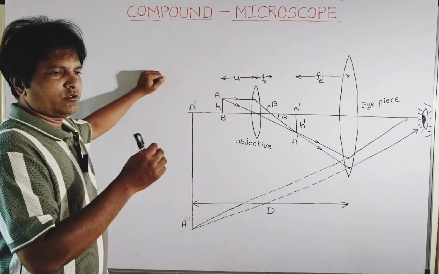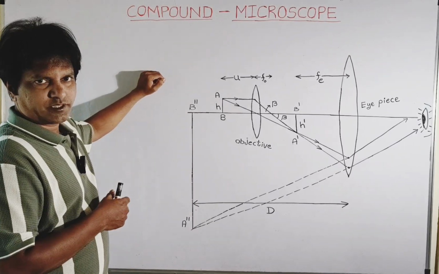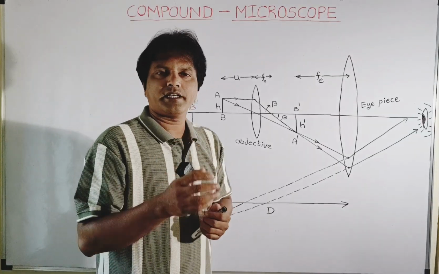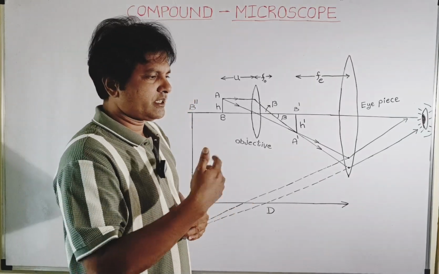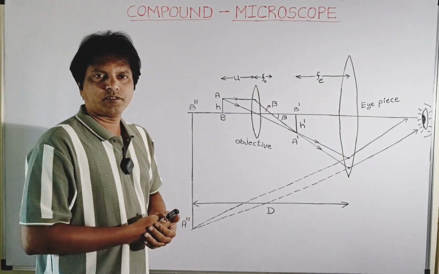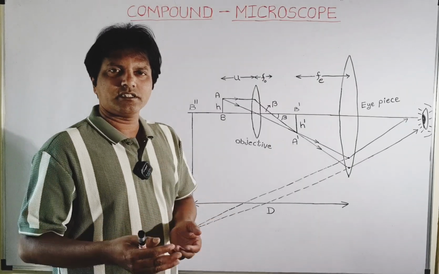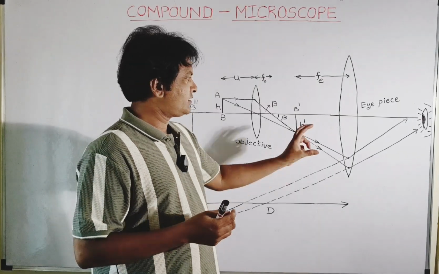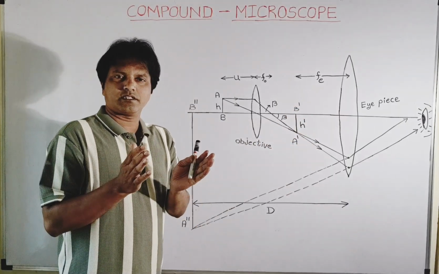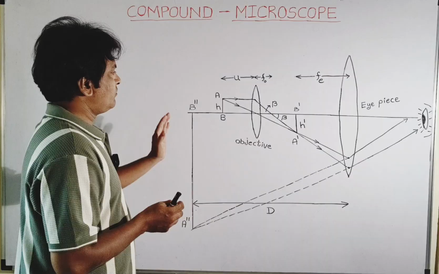With this kind of arrangement, we calculate the net magnification. That means how many times the object is increasing its size. Magnification means increasing the size, the final image size. So when we increase the image, it appears clearly. Okay, so we will calculate.